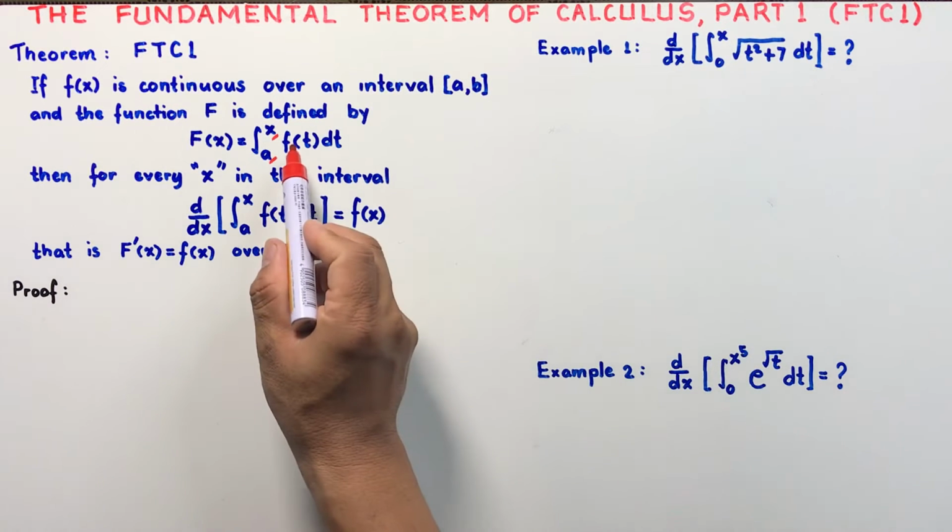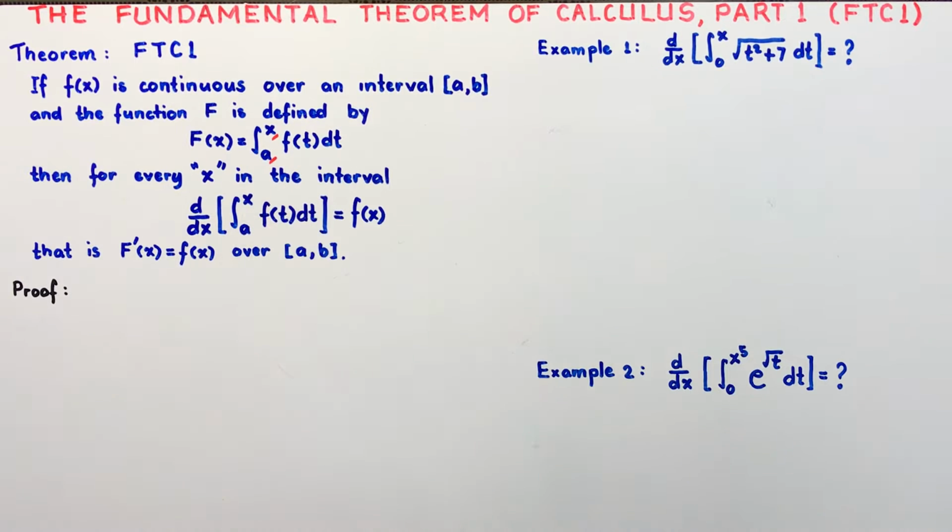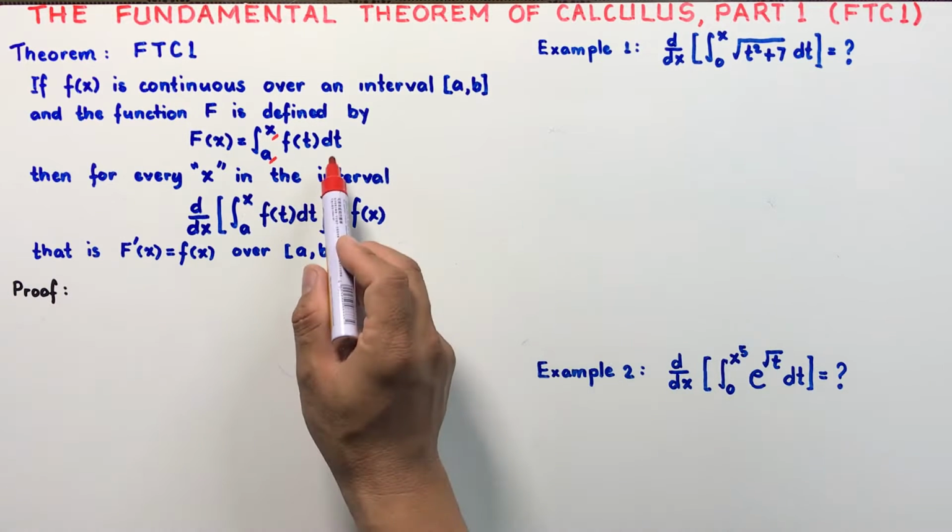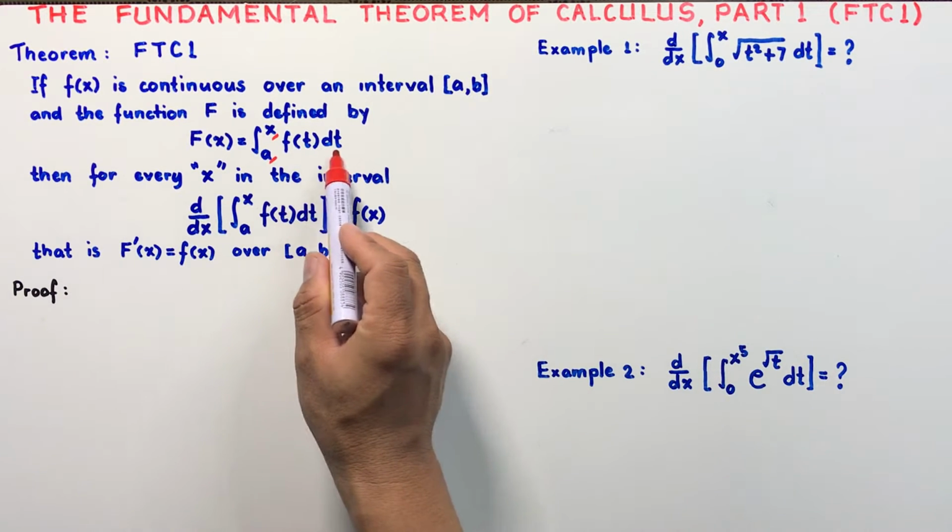And this small f of t is what we call the integrand function. And this dt is the index of integration, which gives us the idea that the integration is done with respect to t.